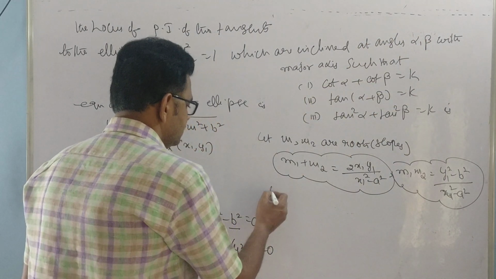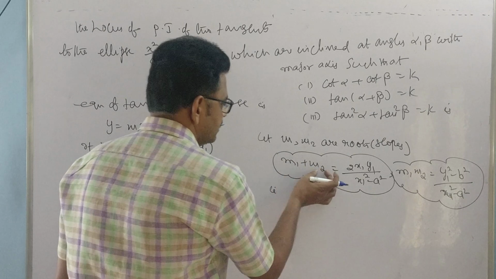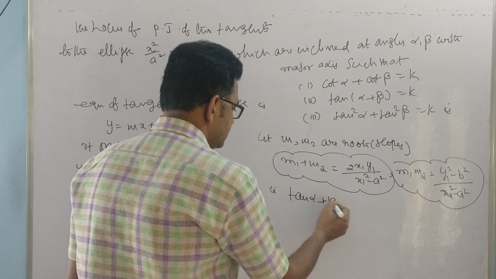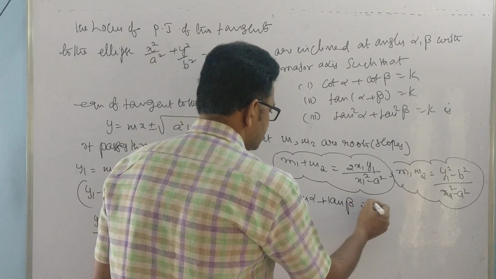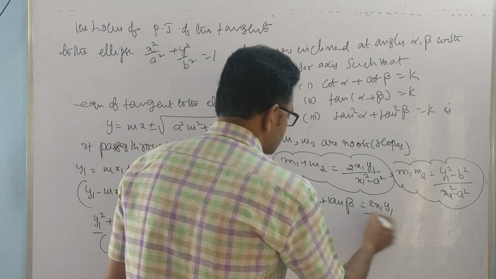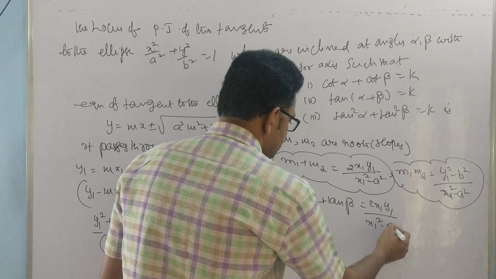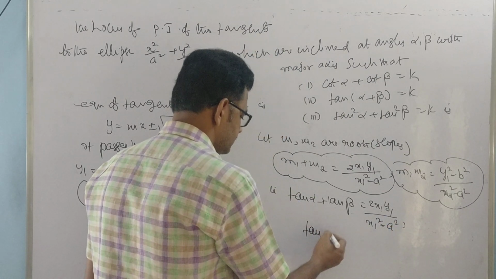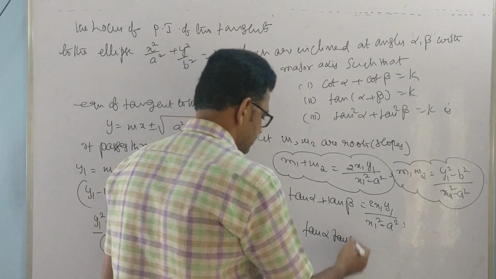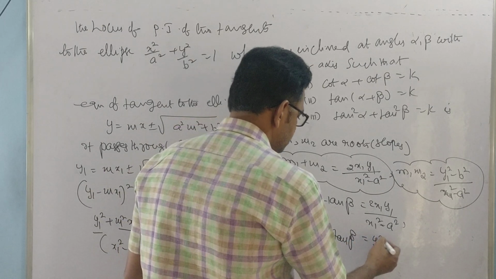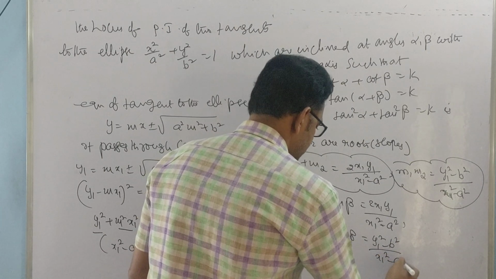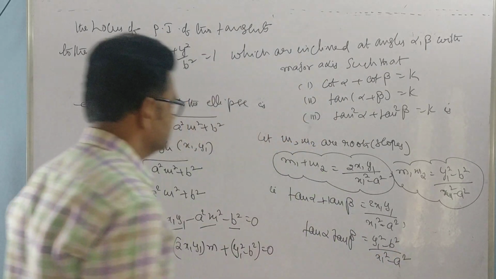That is, m1 is tan alpha, m2 is tan beta. So tan alpha plus tan beta is equal to 2x1 y1 by x1 square minus a square, and tan alpha into tan beta is equal to y1 square minus b square by x1 square minus a square.